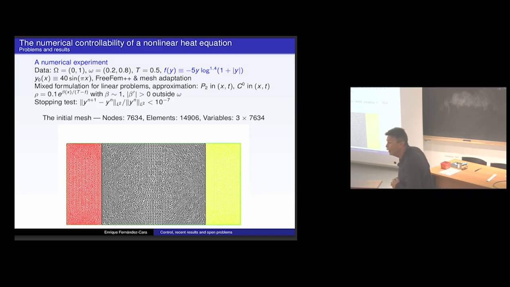Yes, the exponential. So rho is the exponential of beta over t minus t. So if t goes to capital T, we have an exponential. Does it make any problem here? No, because we are working with rho minus 1.